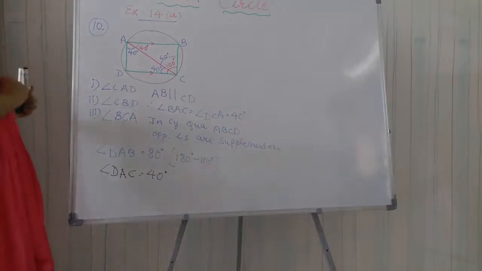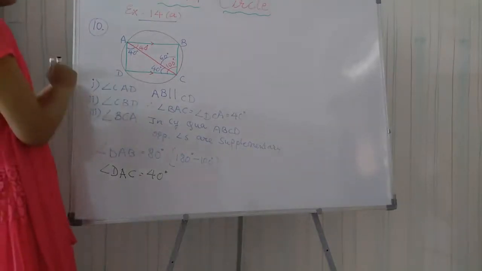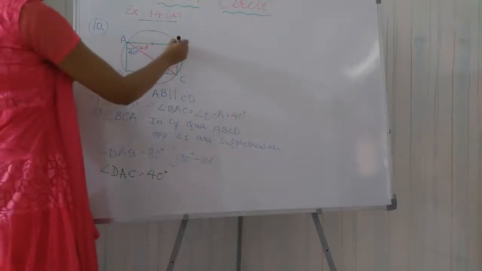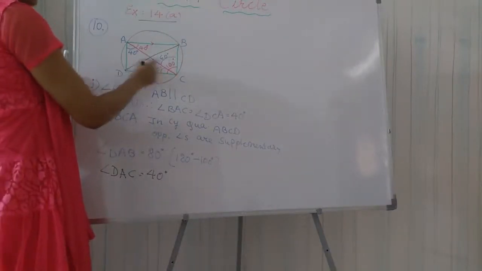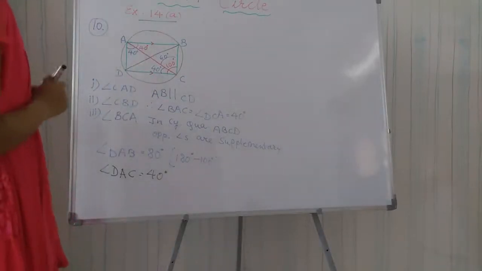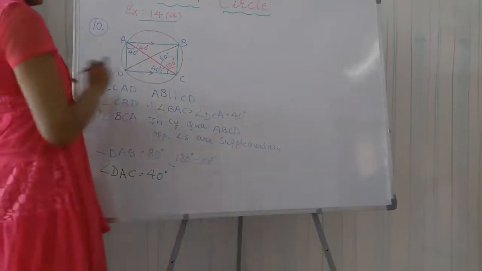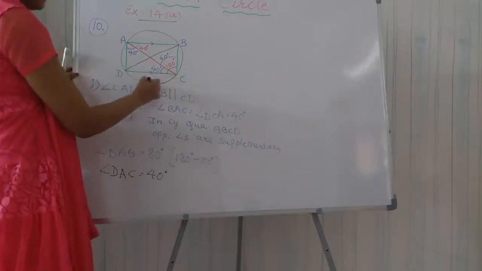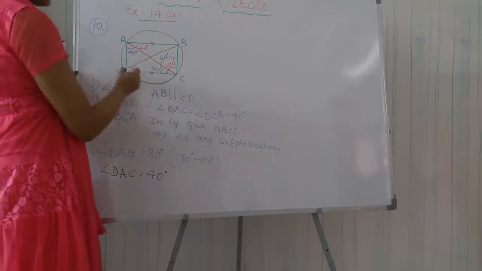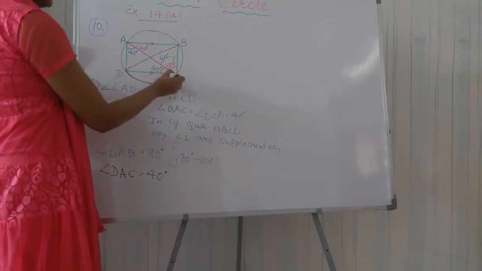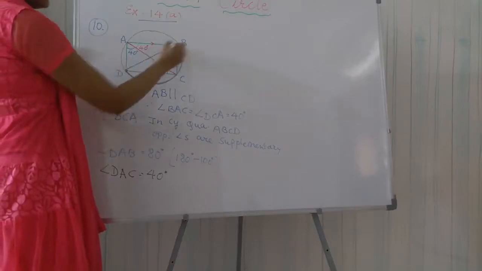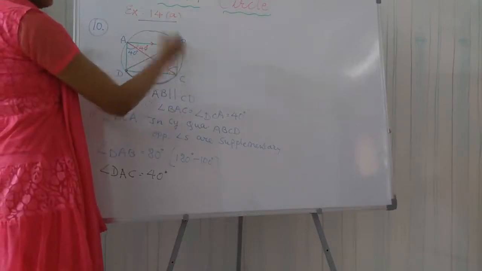Now finding the second answer, that is CBD. So you see CBD, this we want to find. So let me join this CBD. For that you check students here that from this arc CD, from this we get two angles from this arc CD. One is CAD, which is 40 degree, and the other is DBC, which is also equal.